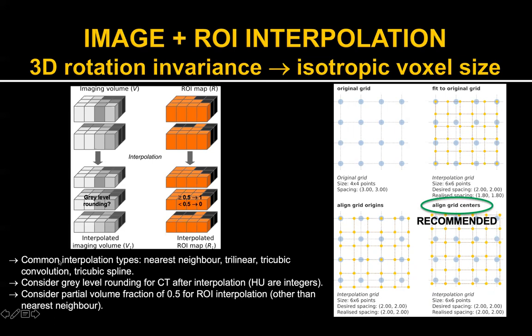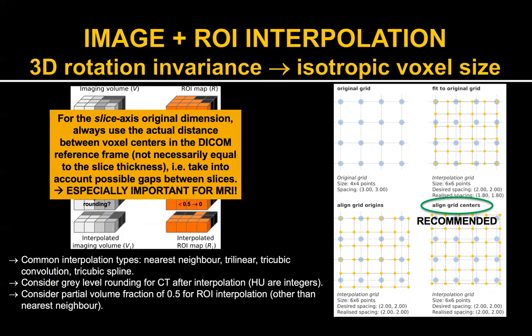Different types of interpolation also exist, and this needs to be specified. Are we doing nearest neighbor interpolation, linear interpolation, cubic convolution? This needs to be defined, benchmarked, and processed, and this is what the IBSI has done. And it's really important, in the slice axis original dimension, to always use the actual distance between voxel centers in the DICOM reference frame.